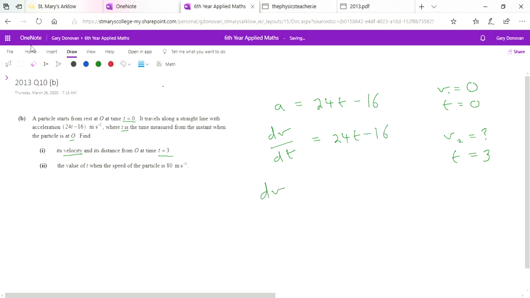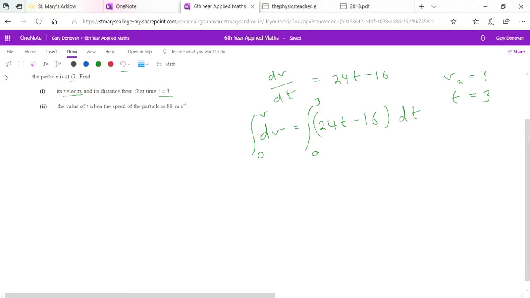That's dv equals 24t minus 16 dt, and we're going to integrate both sides. Our limits: initial velocity was 0, final velocity is v. Initial time was 0 and final time is 3.